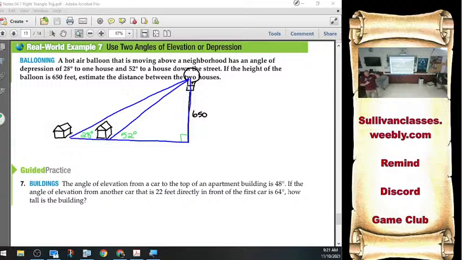So the height of a thing, y'all remember doing altitudes? An altitude is the height of a triangle, and sometimes it's outside of the triangle. Sometimes it's inside the triangle. Altitude is always perpendicular. So when they say the height of the balloon is 650 feet, I know that must be perpendicular to the ground, because we literally measure distance by perpendicular lines. This is easy. I can do this problem. What is the distance between the two houses?